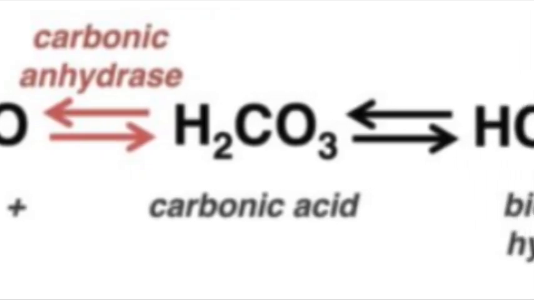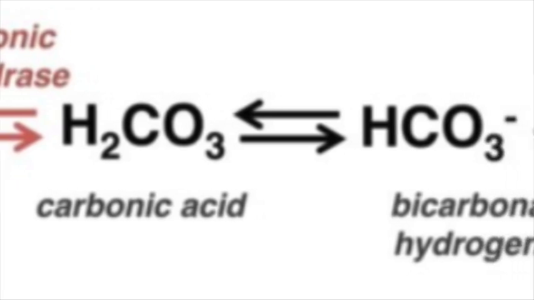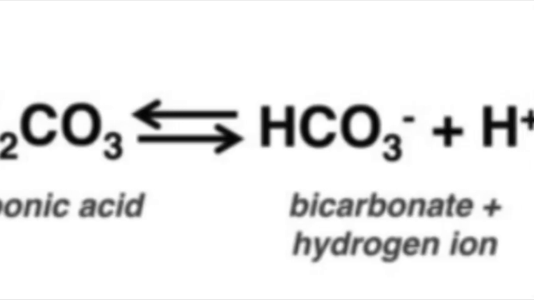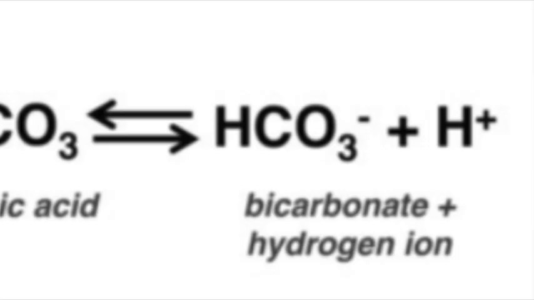So CO2 dissolves in water to create carbonic acid, which is an acid. It wants to dissociate. It's not the strongest acid in the world. In fact, that's part of the point of a buffer, which we'll talk about, but it can dissociate. Carbonic acid can break apart into H+, a proton, and HCO3-, which is called bicarbonate.